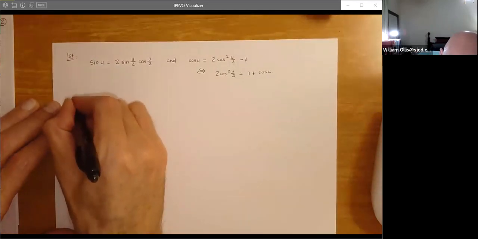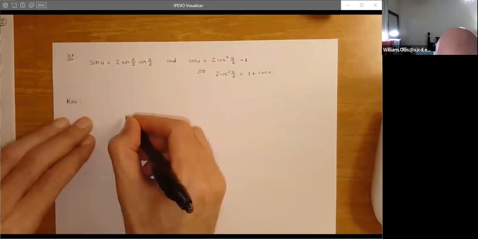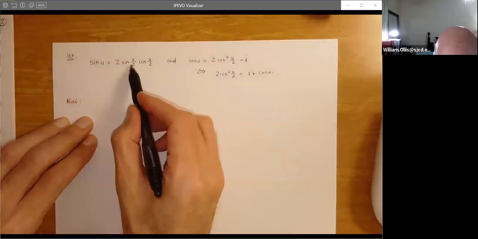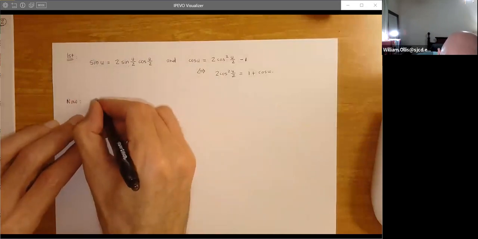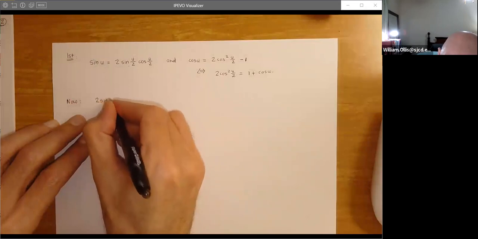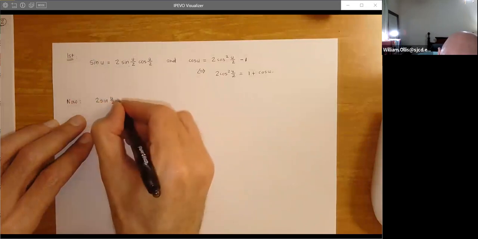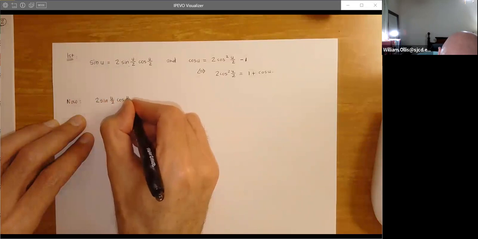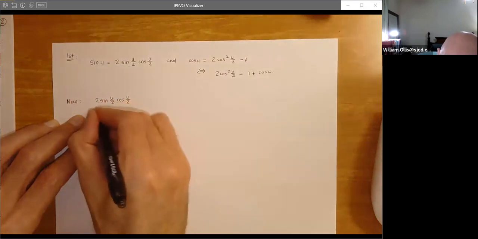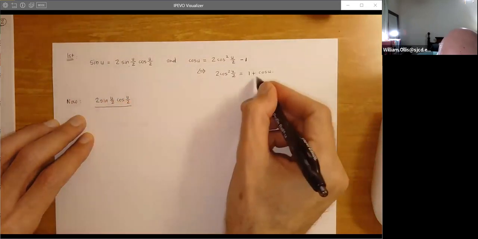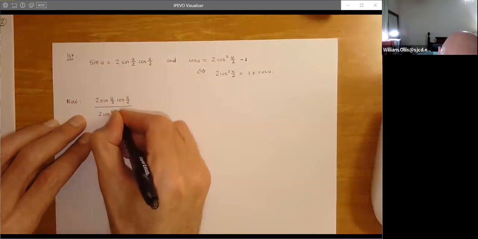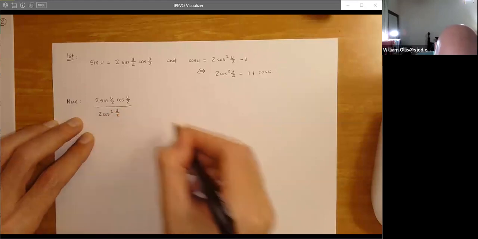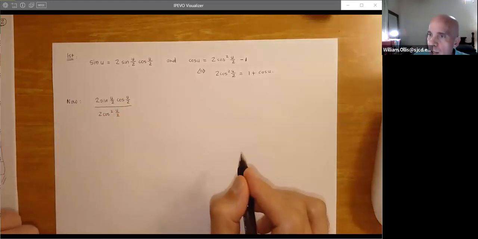So let's see what we get. Now, we're going to take some ratios. We're going to look at the ratio of this expression to this expression. So 2 sine u over 2 cosine u over 2, divided by this, we see what they equal, 2 cosine squared u over 2. This is a very unique approach that gives you a formula without radicals in it.